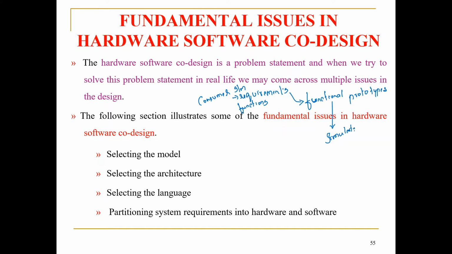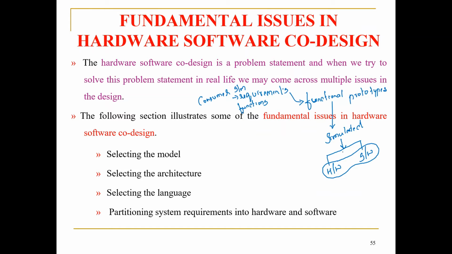And once the simulation has been done, the manufacturer will come to know which should be kept as a hardware part, which component should be made out of software, or what should be written in terms of code, and what should actually be the mechanical parts. So at the end of the manufacturing process, they'll be segregating between the hardware and the software components. This is how it actually happens.